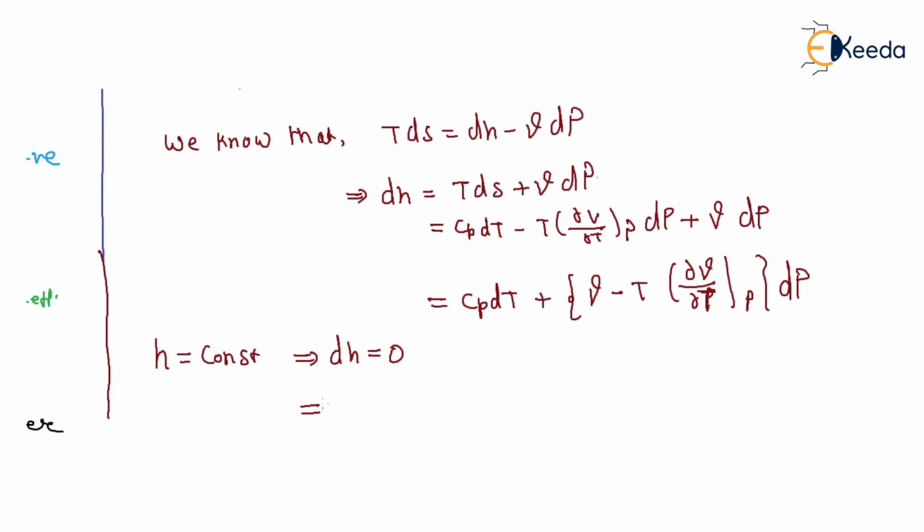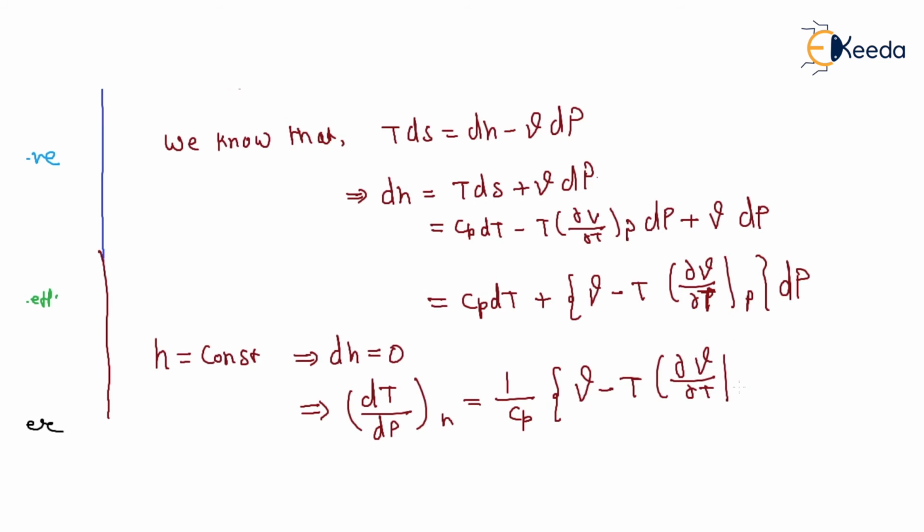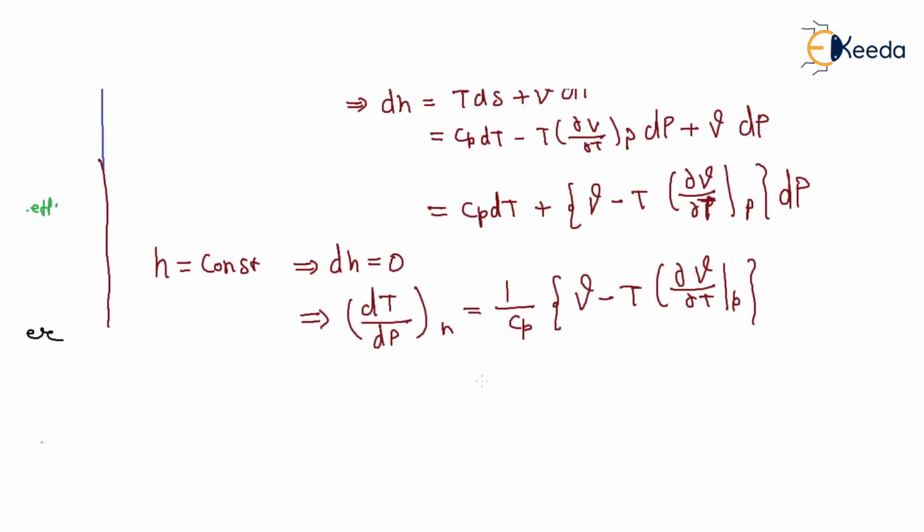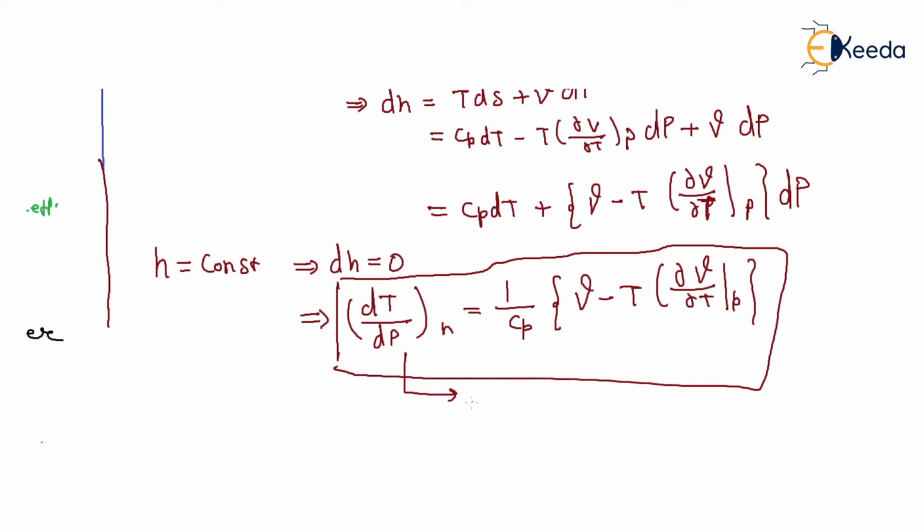If this dH is equal to 0, and you rearrange, ∂T over ∂P at constant enthalpy is equal to 1 upon Cp times V minus T ∂V by ∂T at constant pressure, right? This is your Joule-Thomson coefficient μ.